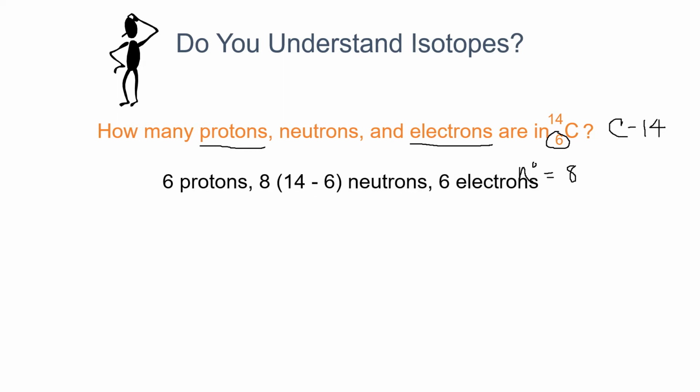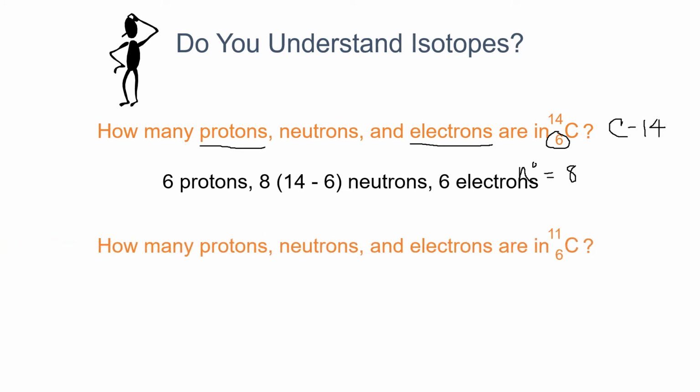I think that's right here. Now this one, another isotope of carbon, C-11. And again, protons remain constant. This is a neutral atom, so protons equal electrons.